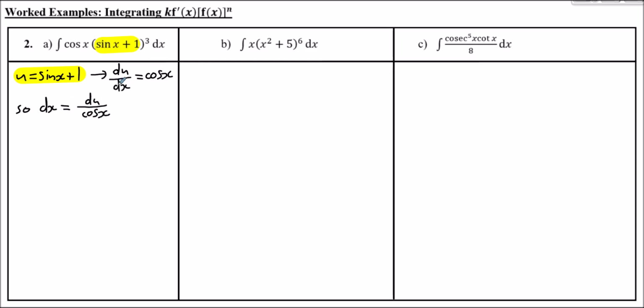So now we can transform this using the substitution. So we have cosine x multiplied by u cubed, and dx becomes du all over cosine x.